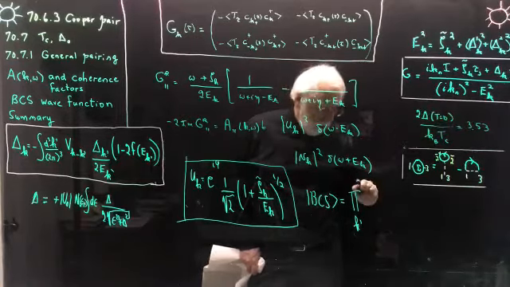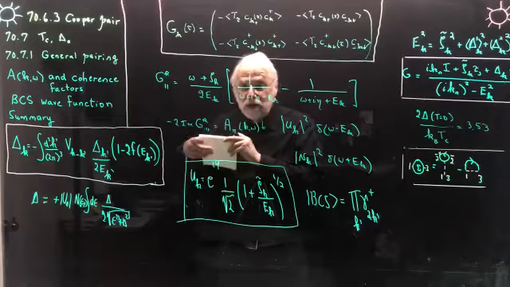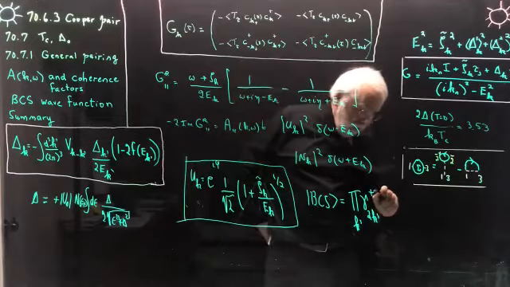So the vacuum of the Nambu spinor has a filled Fermi sea of down electrons. So you have to fill not only the Fermi sea, but every state in the Brillouin zone with down electrons.